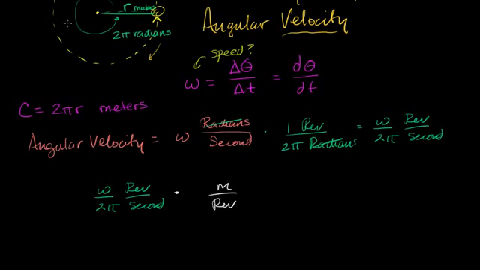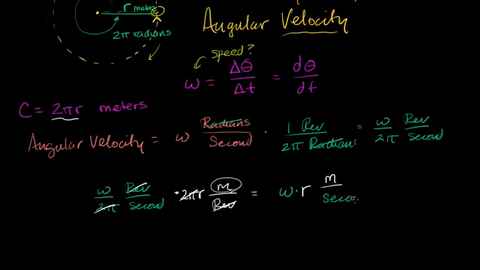Well, we're going to travel our whole circumference per revolution, so 2 pi r meters per revolution. The 2 pi cancels out with the 2 pi. So you end up getting omega times r meters per second.